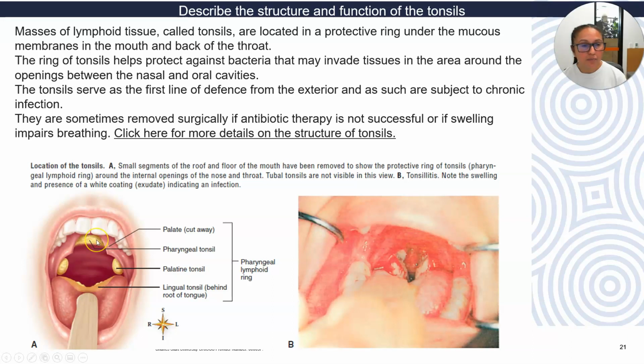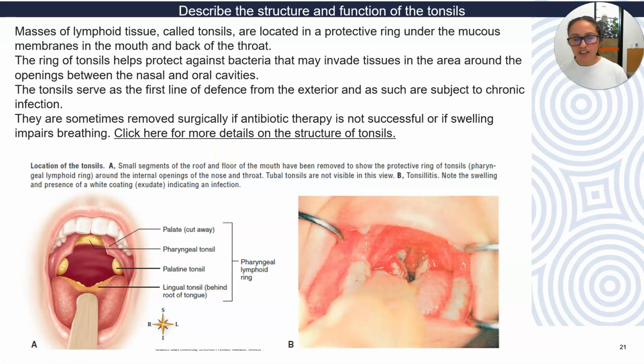So it's designed to protect you, okay? Protect against bacteria around your nose and your mouth. If you want to have a look at more details on the structure of tonsils, just click on that link. But that is what tonsils are.